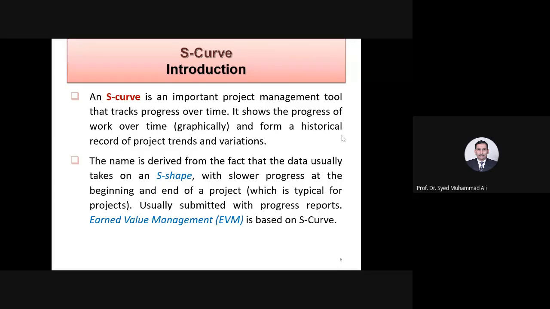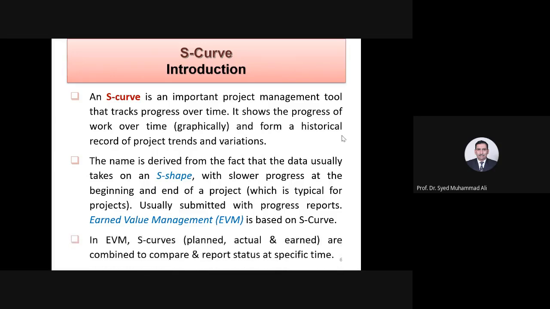With slower progress in the beginning, I just explained, it has a less slope, and then as it progresses, the rate of doing the work increases. Usually submitted with progress reports, okay? Earned value management, EVM, is based on S curve. So today we are going to see the formulas, lot of formulas. Those are actually called earned value management, EVM, and it is based on S curve. In EVM, S curves, planned, actual, earned are combined to compare a report status at a specific time.